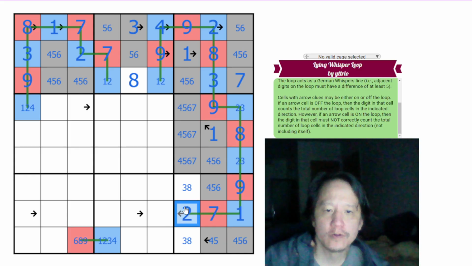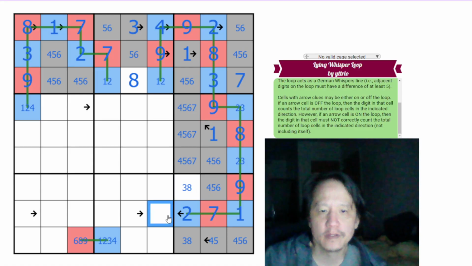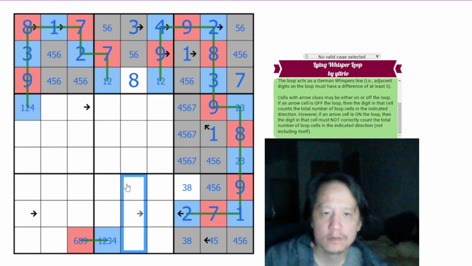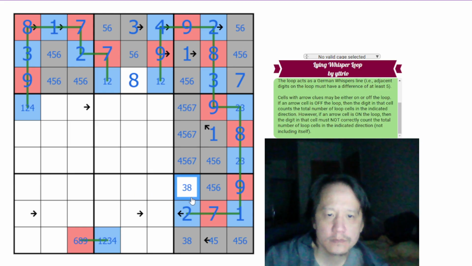Okay, so it cannot go down, so this is not valid. It could go here, it could go here, right? And that would be 4, which would be valid, which could go that way. Or it could be lying and be on the loop. Is that possible? So then this would be high. This would be low.